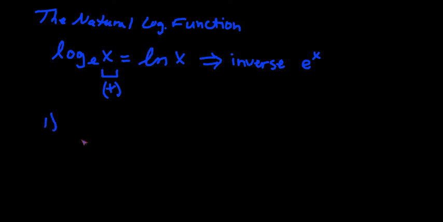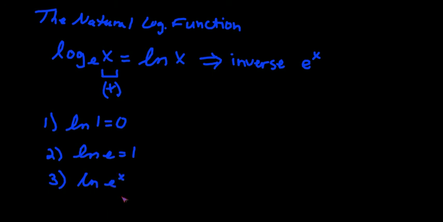The properties, same thing. Natural log of 1 is 0 because e to the 0 power equals 1. Natural log of e equals 1 because e raised to the first equals e. Third property that we used before was when we had an exponent, but we had a base matching the number here.